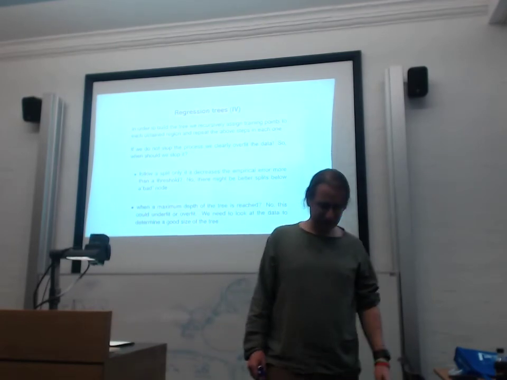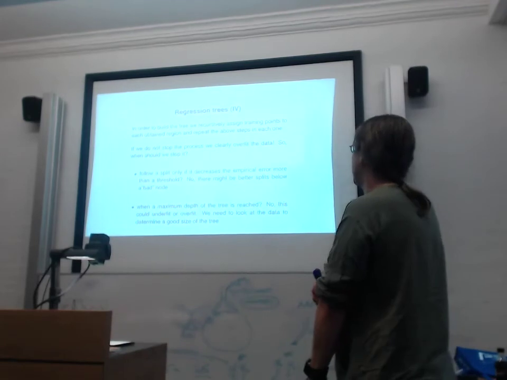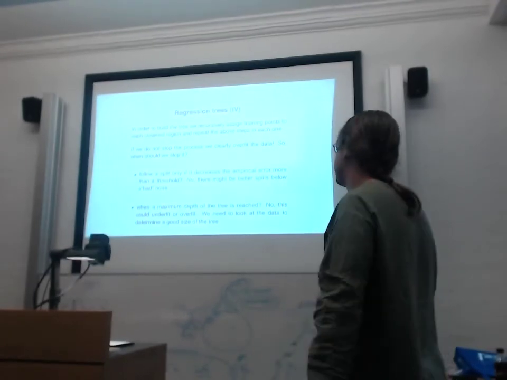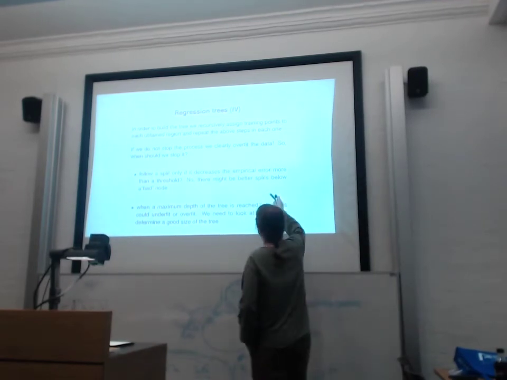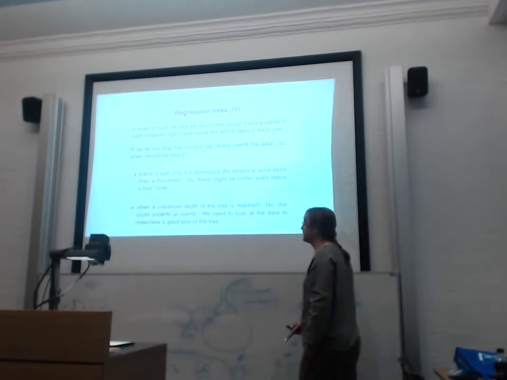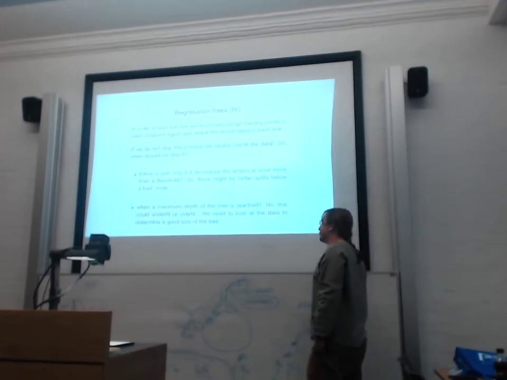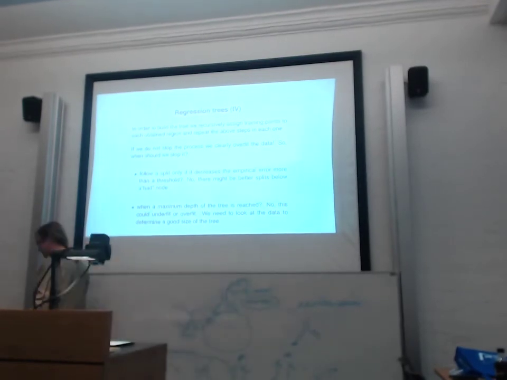So the question: we know if we continue the process, we'll eventually get each point into a single region. If we don't stop the process, we're going to overfit. So things that you might imagine doing are setting some maximum depth or some maximum number of splits.